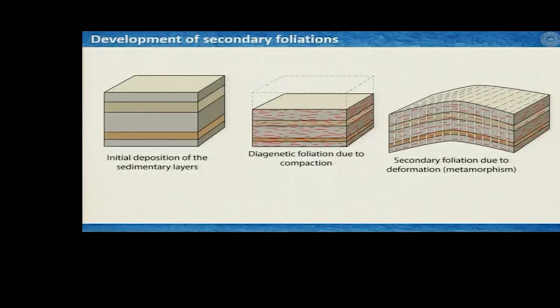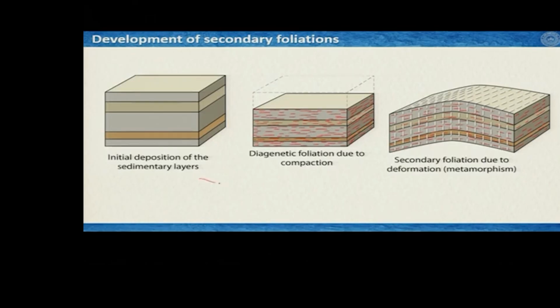Okay. Let us have a look at this cartoon diagram to see how we form secondary foliations out of a rock that may or may not have primary foliation.